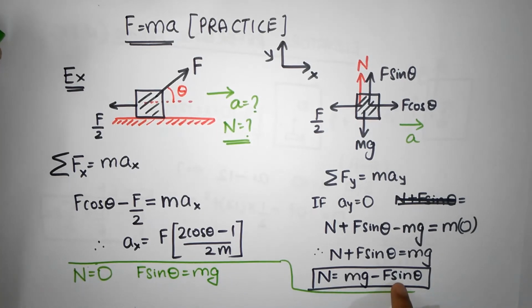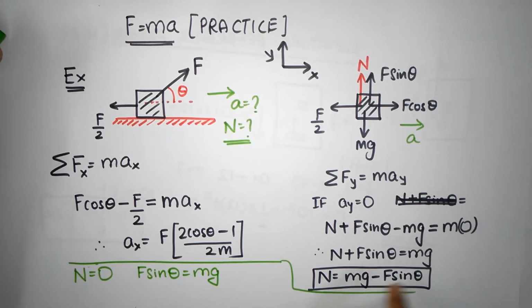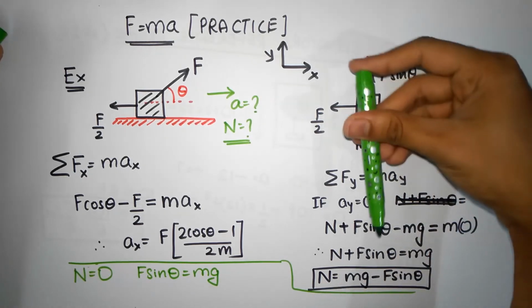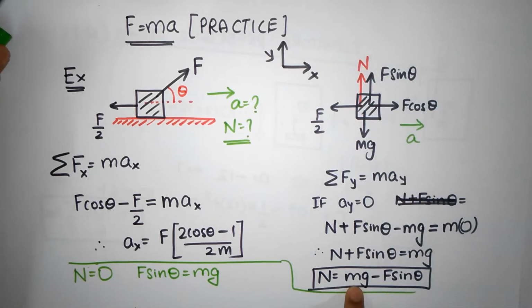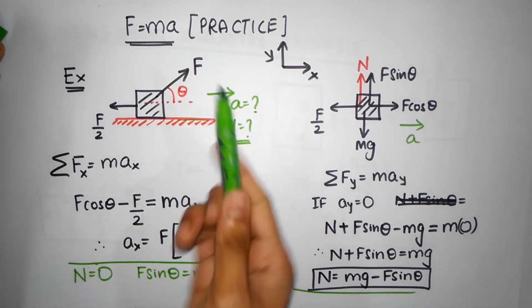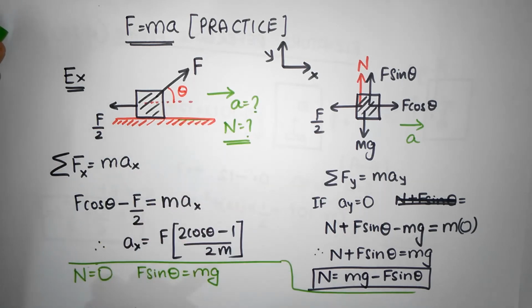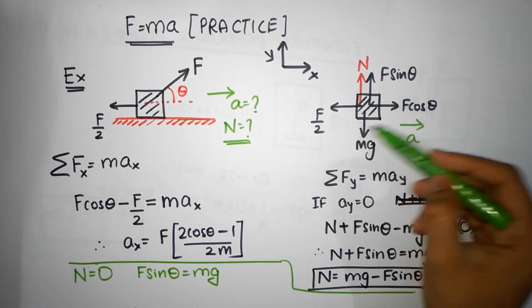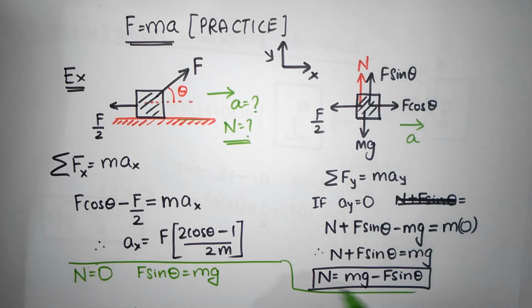Now, what if F sine theta becomes more than mg? Then the normal force has to be negative, which means it has to be in the opposite direction in order for this equation to hold good. But normal force can't be in the opposite direction because the floor is pushing up and the floor can't pull it down. That's a clear indication that this thing is going to take off. No longer will these equations be valid, and that's when a_y cannot be 0.